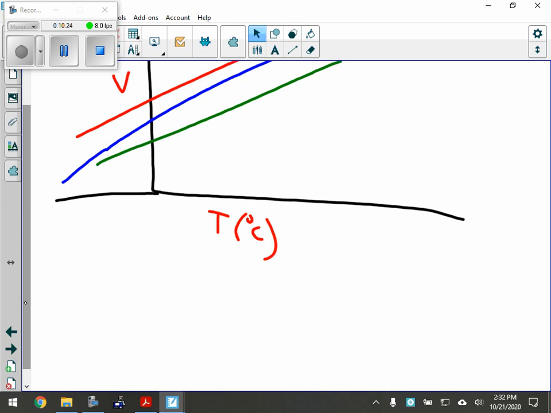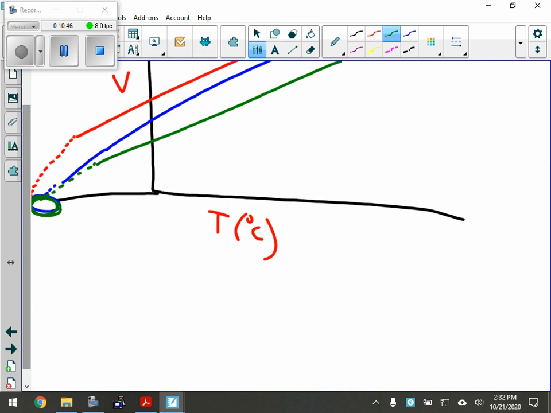All these gases seem to converge to the same spot. If I continue this on, they all come to the same area.